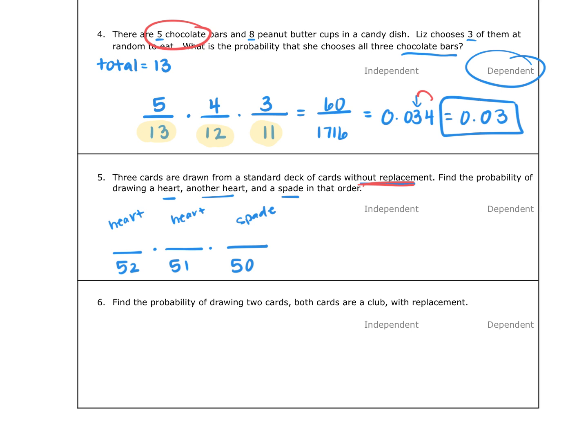Okay? So if I want a heart, when you look at how many hearts are in a deck, there are 13 hearts. But if I grabbed a heart out that first time, now there are going to be 12 hearts. And now I have to look at the spades, and there will still be 13 spades in my deck of cards. So if I take all those, and I have 13 times 12 times 13, I get 2,028.